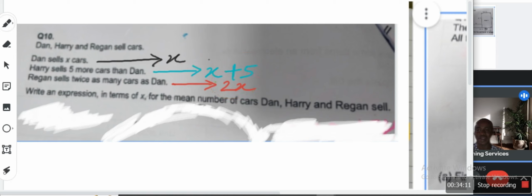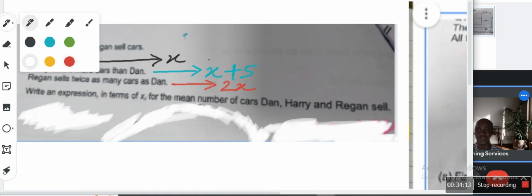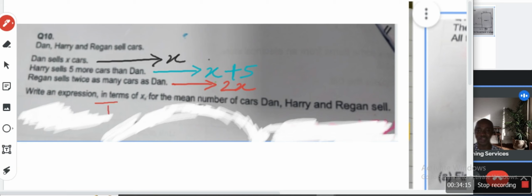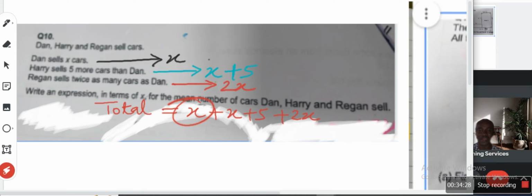Total cars they sold will be X plus 5 plus 2X, is it not? That's X for Dan, X plus 5 for Harry, and 2X for Regan. So what would that give you?